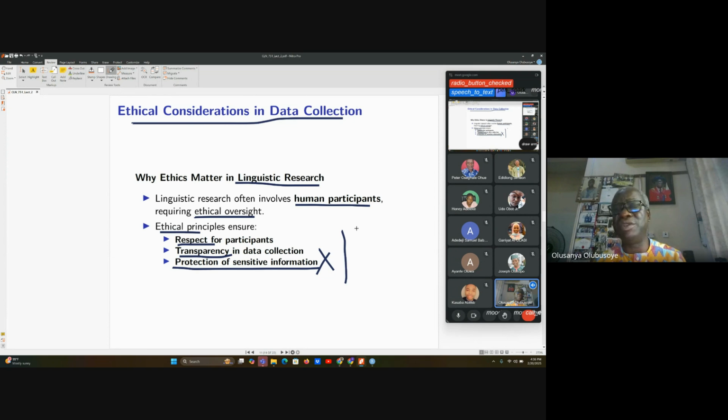You make them anonymous such that it will be impossible for anybody to know who provided the data. So any personal information must be removed completely from your analysis. I'm sure also you don't want your personal information to be exposed.